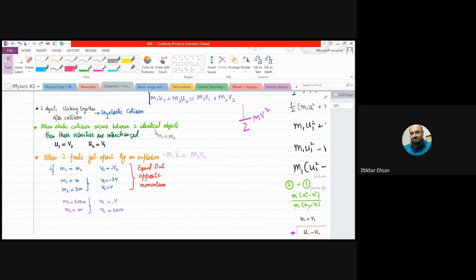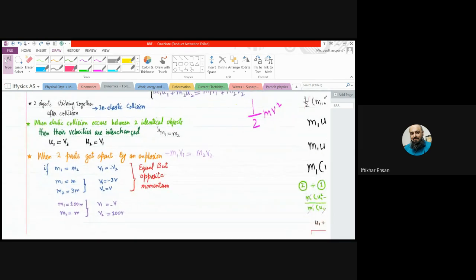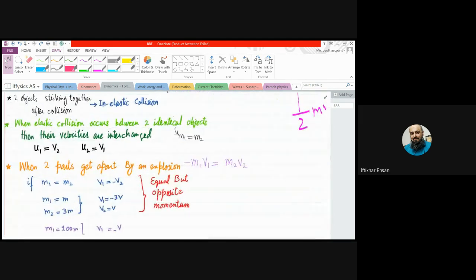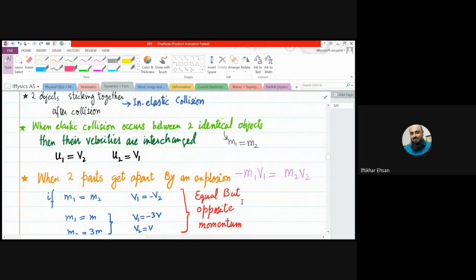So whenever two objects collide and stick with each other, that is always going to be an inelastic collision. Clear? The second point, these are important for questions, right? The second point is very important. Whenever an elastic collision occurs between two identical objects, what do you mean by identical objects? Where masses are the same, equal. M1 and M2 are equal. Then beta, their velocities are interchanged.